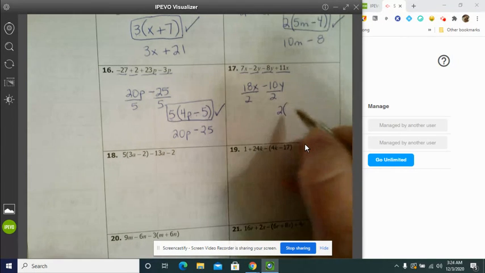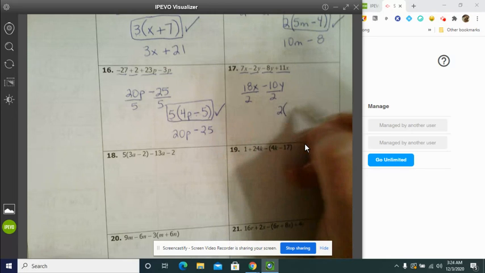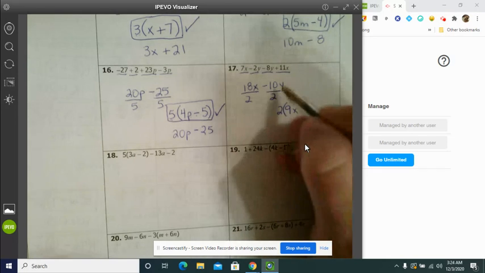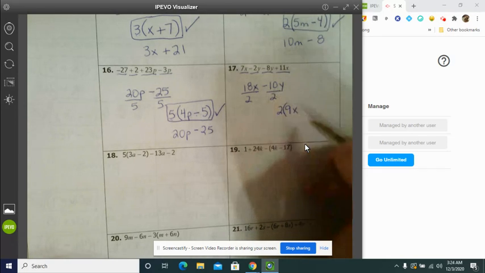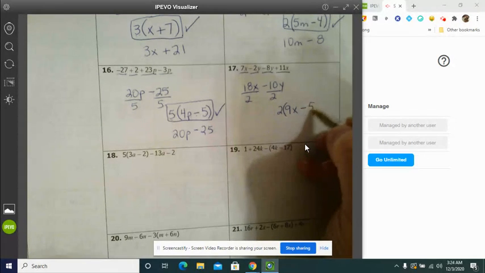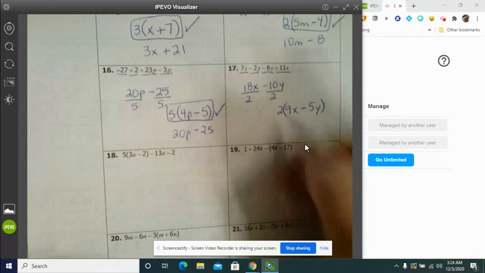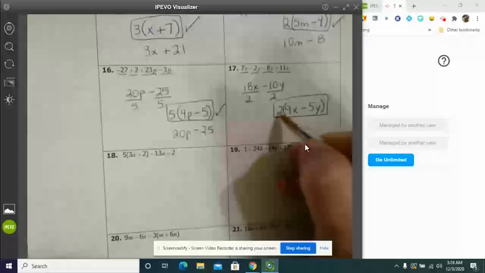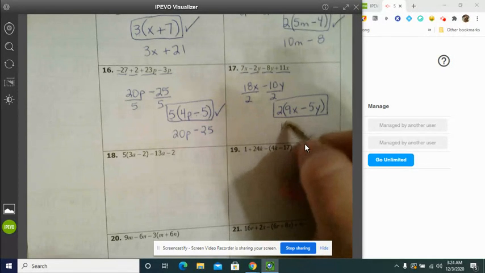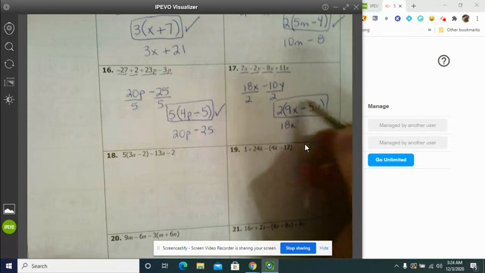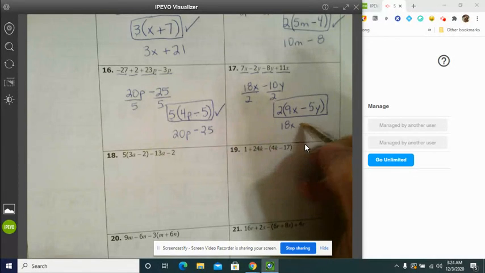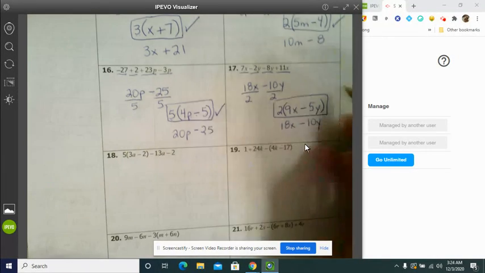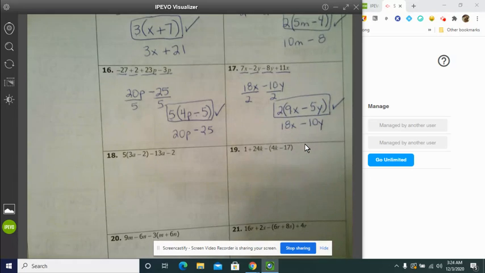Pull it out here. 18x divided by 2 becomes 9x. Negative 10y divided by 2 becomes negative 5y. So I'm going to check them. 2 times 9x becomes 18x. 2 times negative 5y becomes negative 10y. That's what I started with, so my answer checks.